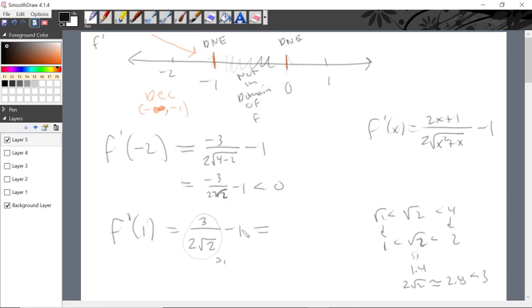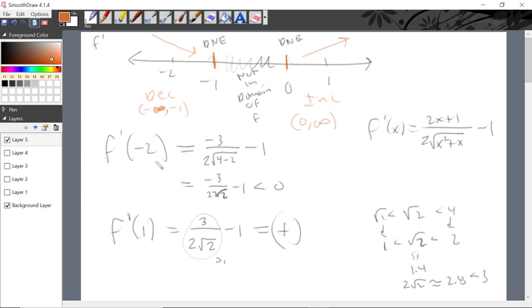So a number greater than 1 minus 1 is going to give us a quantity that is positive. So the first derivative is then positive here. We can check that on your calculator, but it's going to be a small positive number. So it is increasing on the open interval from 0 to infinity.